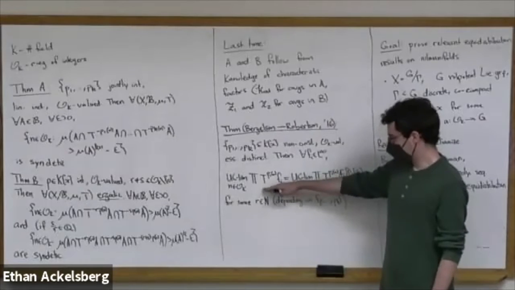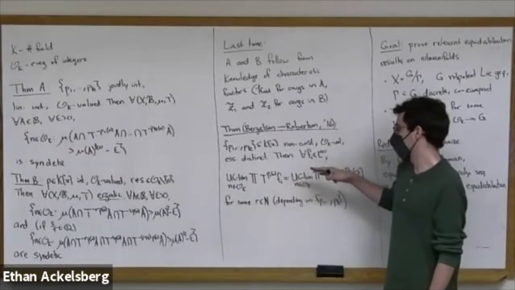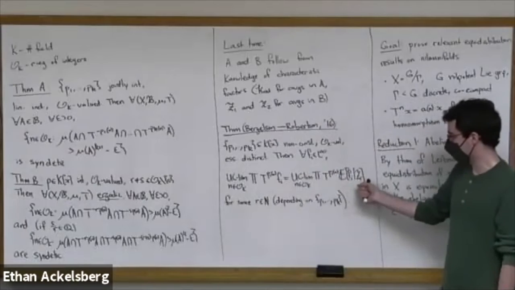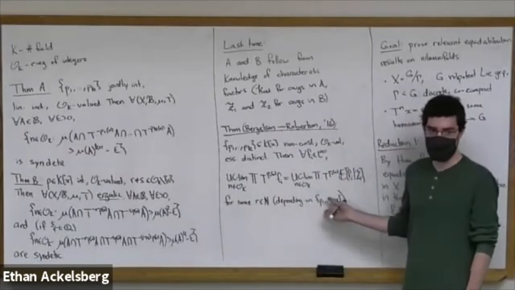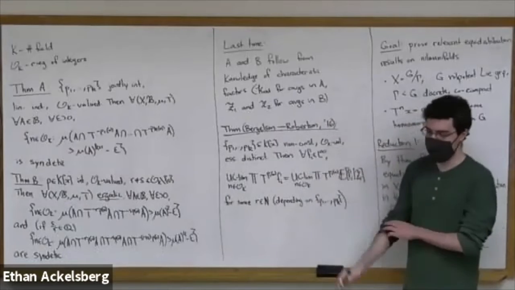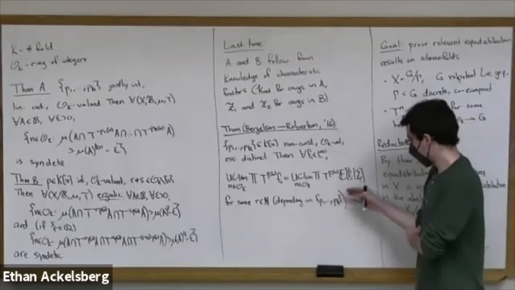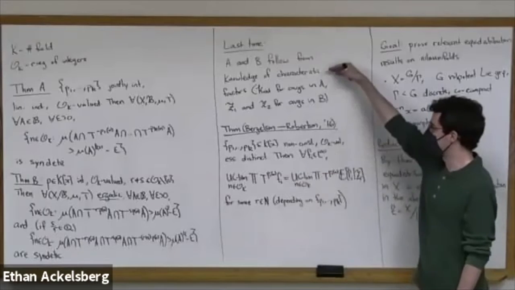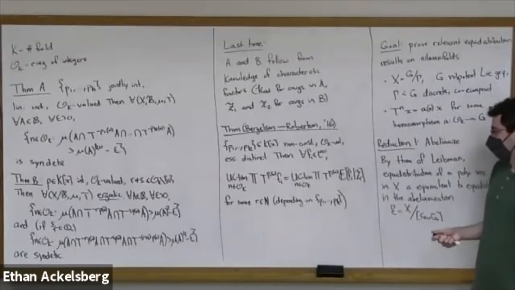If you want to understand some multiple average like this, then there's some nil factor controlling the average. And the complexity of this nil factor depends in some maybe complicated way on the family of polynomials, but there's at least some nil factor that controls it. And so what we need to do is reduce from some unknown complexity nil factor to these specific complexities. And so that's the goal for today.